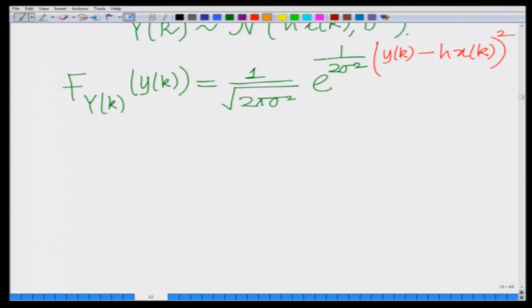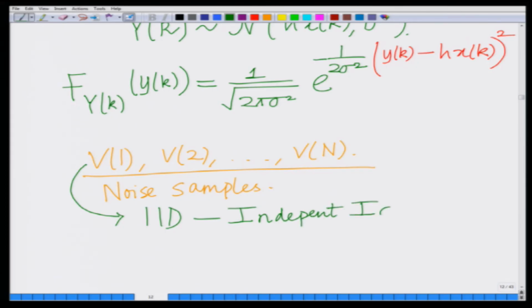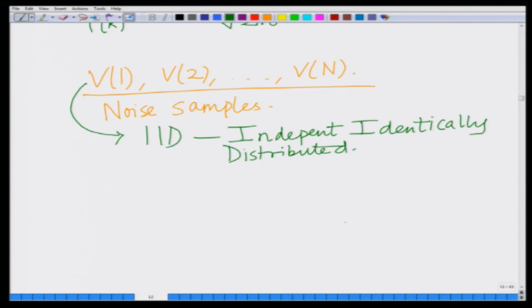So, the noise samples V1, V2, Vn are assumed to be independent identically distributed Gaussian random variables with mean 0, variance sigma square.